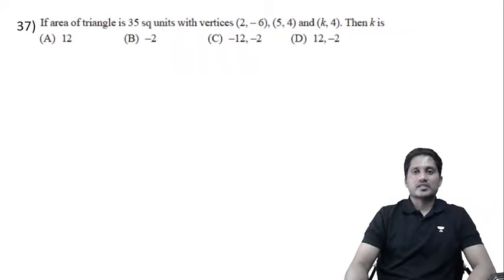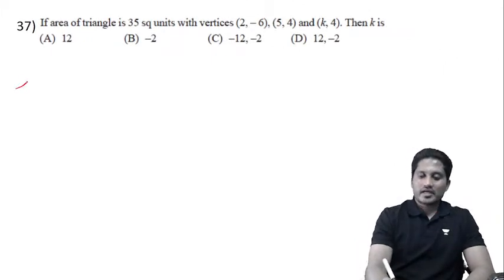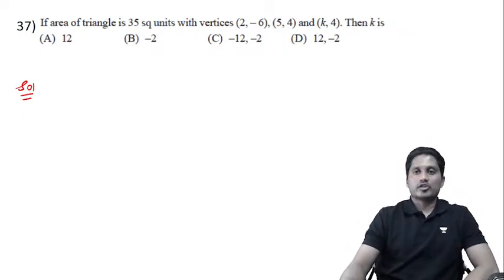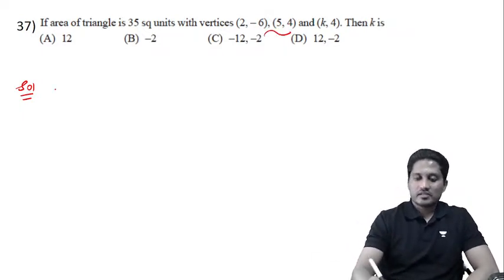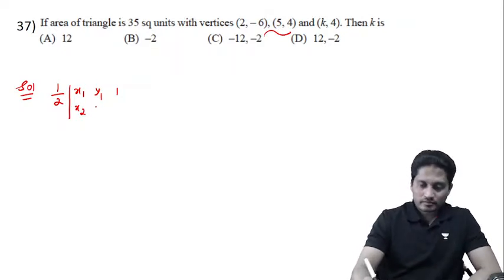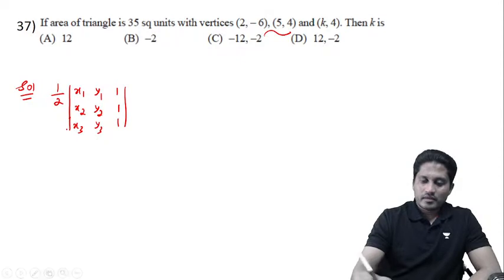Okay, question number 37. If the area of the triangle is 35 square units, then what should be the value of k? These are the vertices. Area of the triangle is half of determinant of x1 y1 1, x2 y2 1 and x3 y3 1 is equal to plus minus area of the triangle, which is 35.